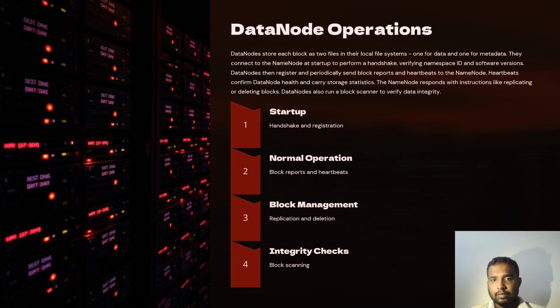Heartbeats confirm data node health and carry storage statistics. The name node responds with instructions like replicating or deleting blocks. Data nodes also run a block scanner to verify data integrity.